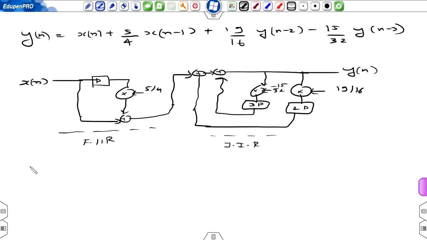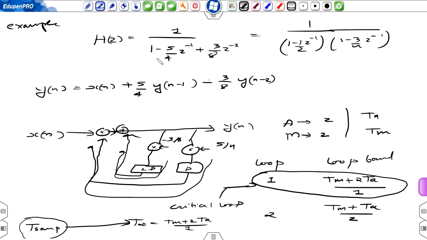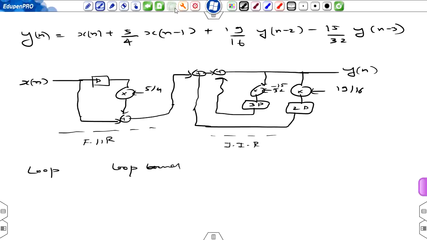Okay, so now talking about its loops and loop bounds. It has two loops, similar to the original circuit, two loops in the original circuit and two loops after applying the scattered look ahead transformation.